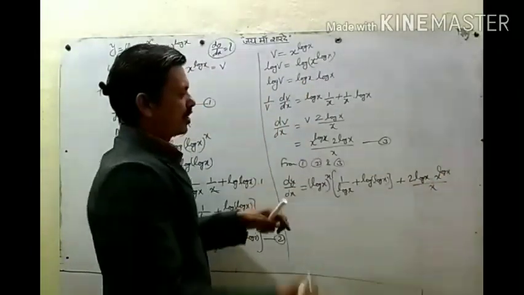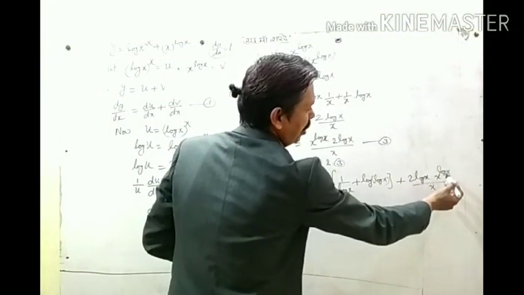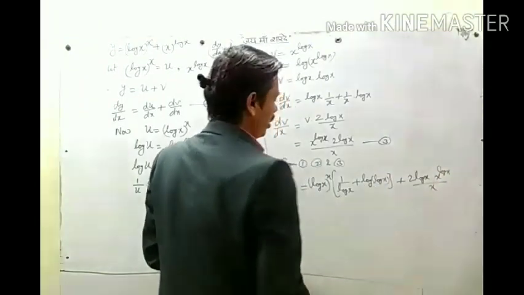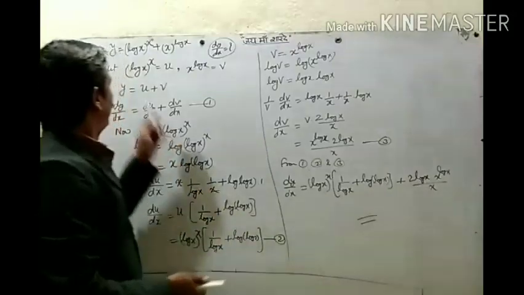Or it can be written as x to the power log x minus 1. Bases are the same, so the powers can be subtracted. So it can be written as x to the power log x minus 1. So this is the derivative of y.